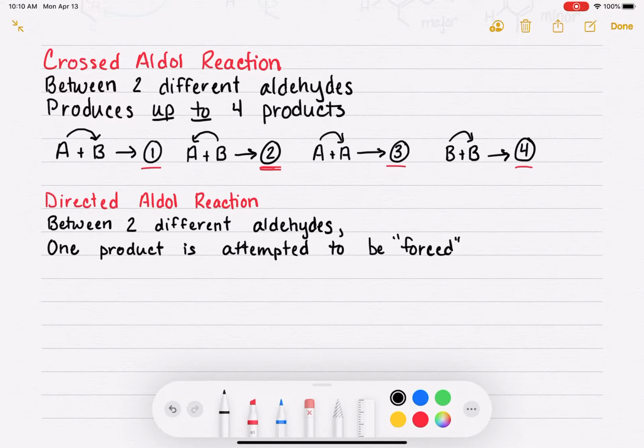So we are trying to make just one product. And the way that we go about doing this is by trying to minimize who can attack who.